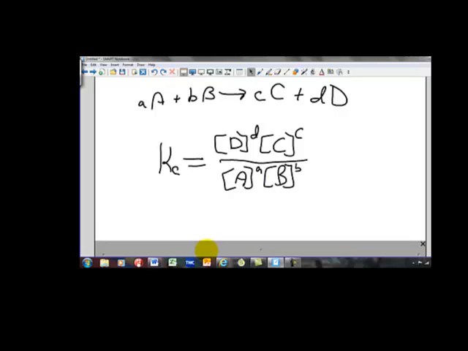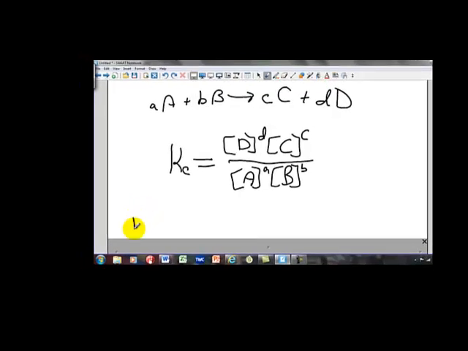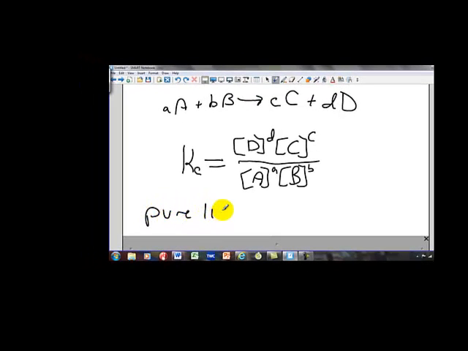Notice these are concentrations. If we're talking about a pure liquid, such as water, for example, that doesn't go in here. Water is totally ignored in this Kc equation.